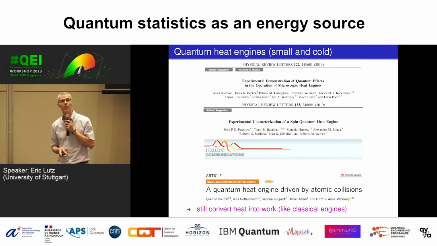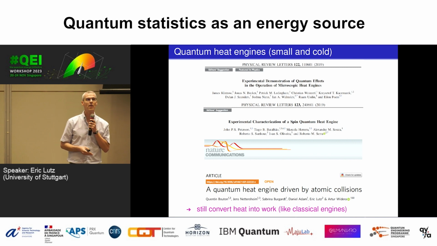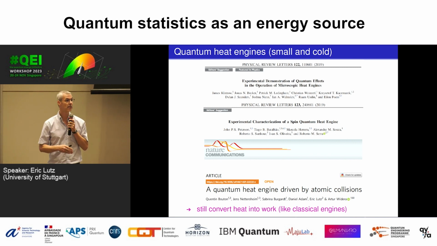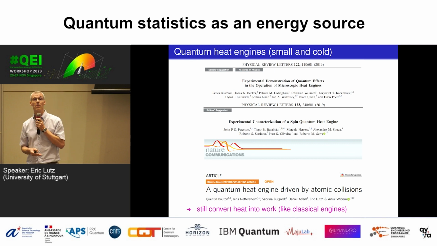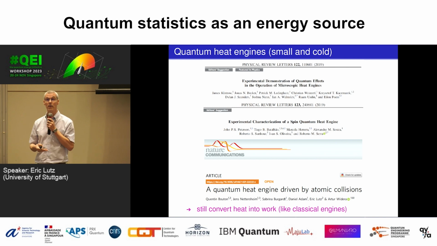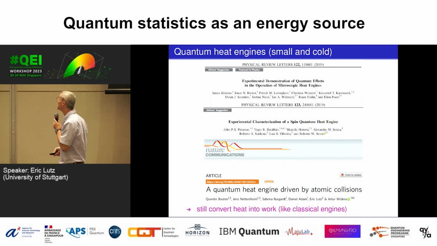In the last few years, heat engines have been successfully downscaled to the nanoscale, systems consisting of a few atoms. If they're very small and very cold, we enter a regime where quantum mechanics dominates the dynamics, so we enter quantum-dominated heat engines. Here are just a few examples.